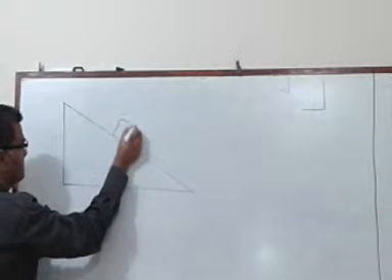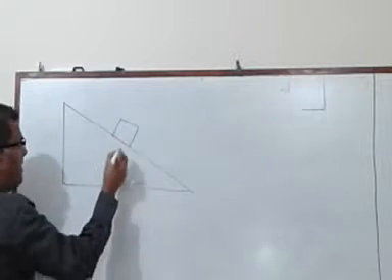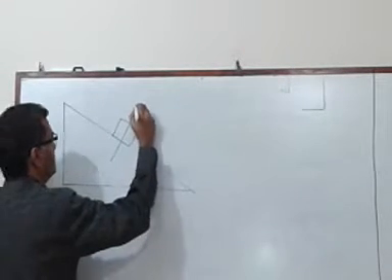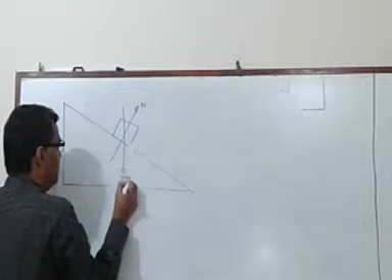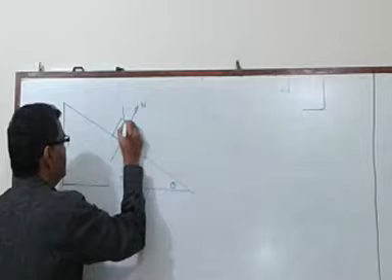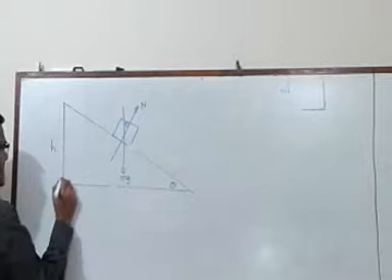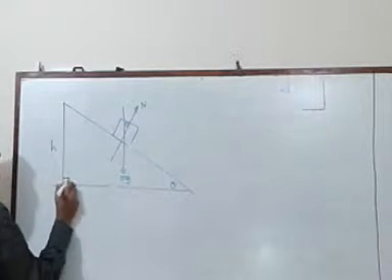This is a wedge. As before, this is the normal reaction. This is the weight mg, this angle is theta, this angle is theta, this height is h.